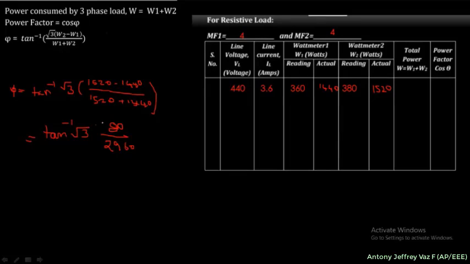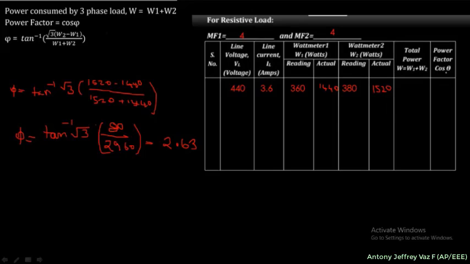You should use a scientific calculator to find the value, which is equivalent to 2.63. So the phi value is 2.63.